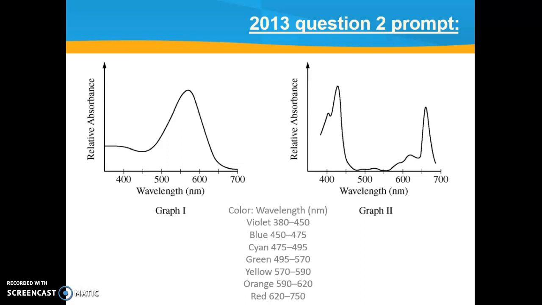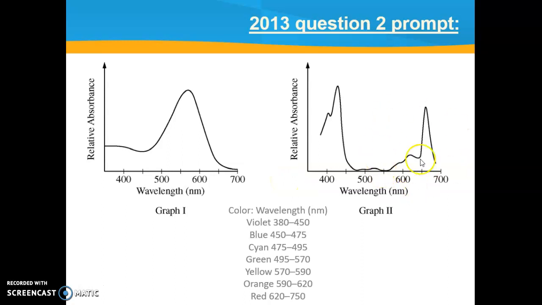So based on that, we can see that pigment number 1, because it's absorbing light somewhere around 550-ish, we're probably somewhere in the yellow range or the yellow-green range. So that light is being absorbed and all other colors are being reflected.